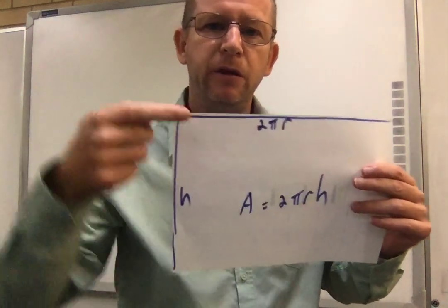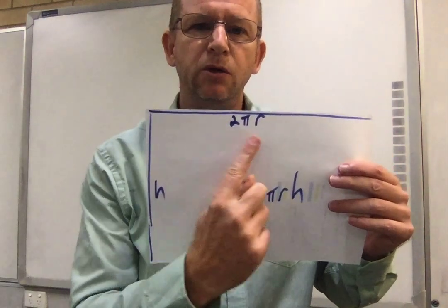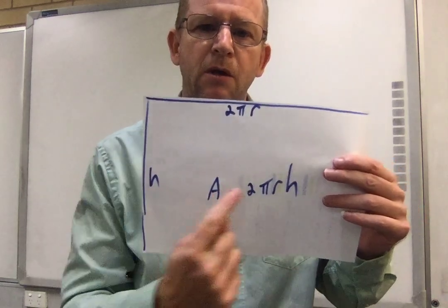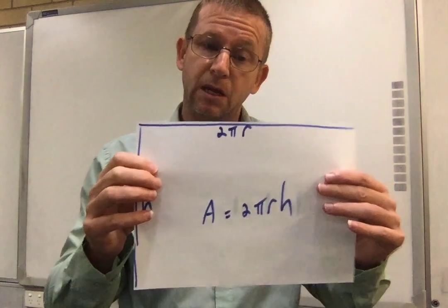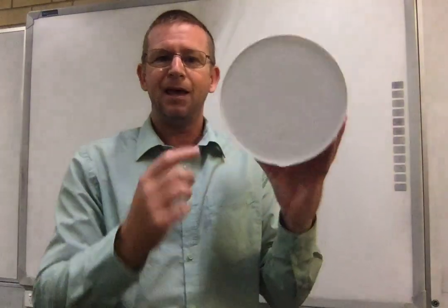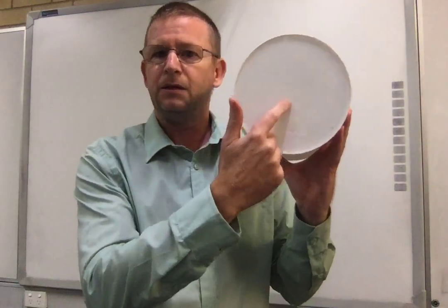So length times width is 2 pi r times h. So that's the area of your rectangle. Don't forget, you don't just have the rectangle, you've got to add in the circular base. You've got 2 different areas to calculate.